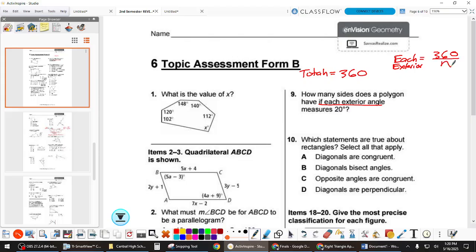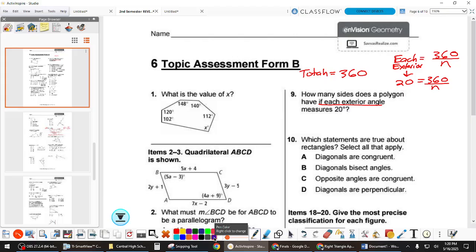Okay, so now we just plug in what we know. So it says 20 equals 360 over n. How do you solve for n? Get it by itself, yep. It's like 360 is in the numerator, so it's multiplying. I would rather work on the n myself, because that's the one we care about.